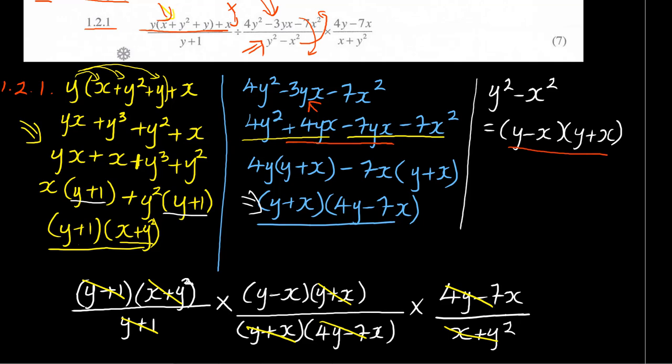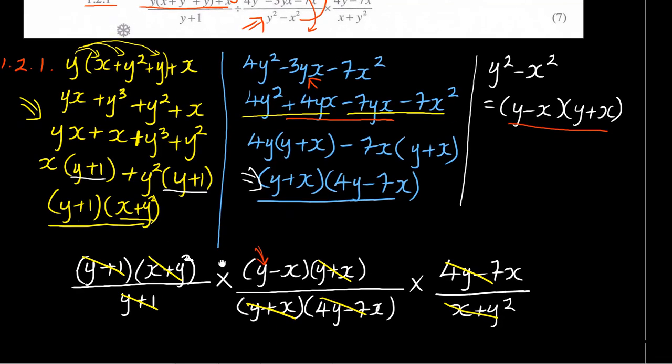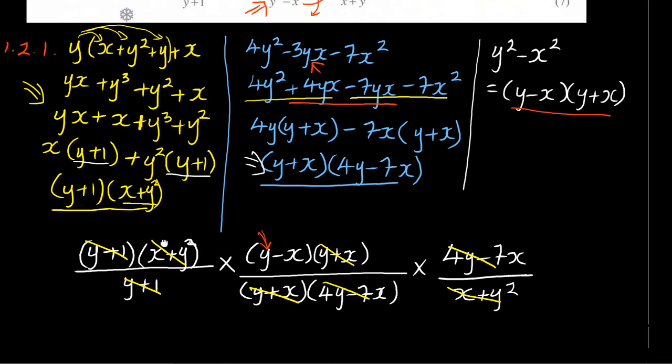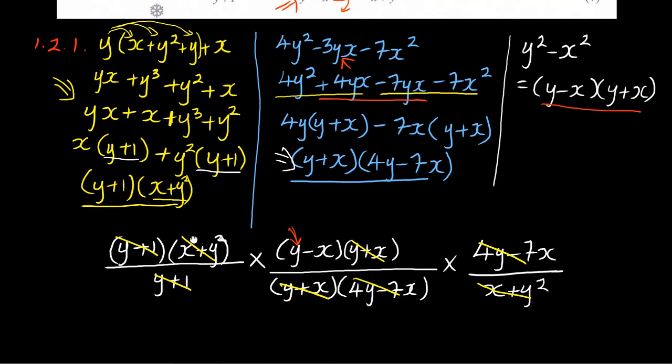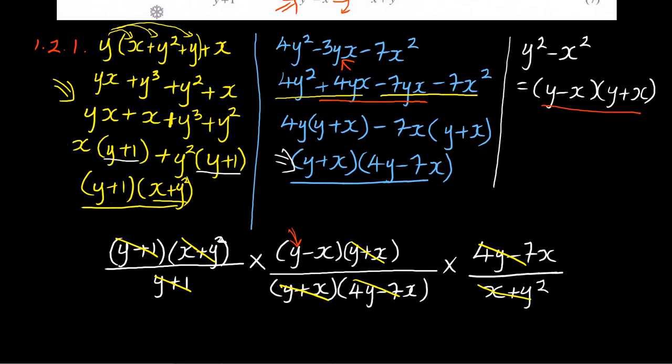So the answer that is remaining, if you check carefully, is only y minus x. So you can now write your final answer: this simplifies to y minus x.